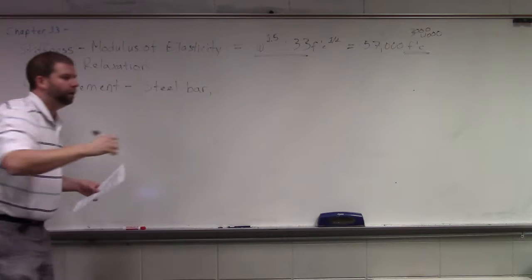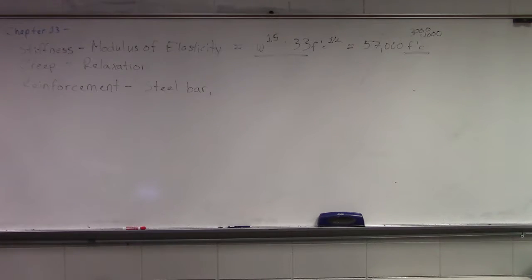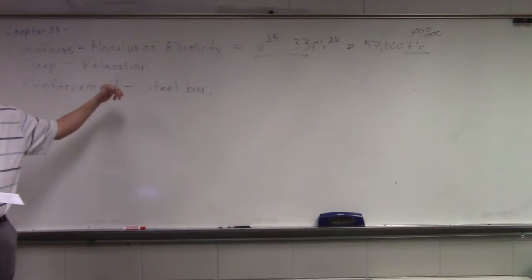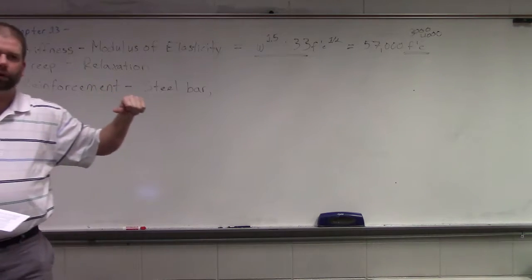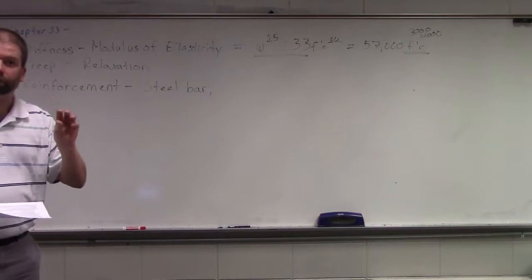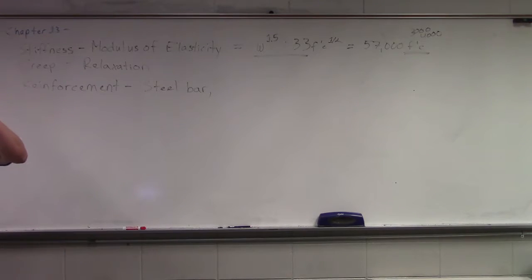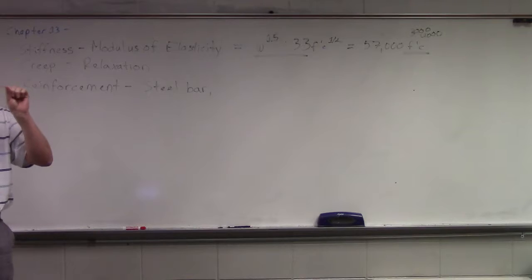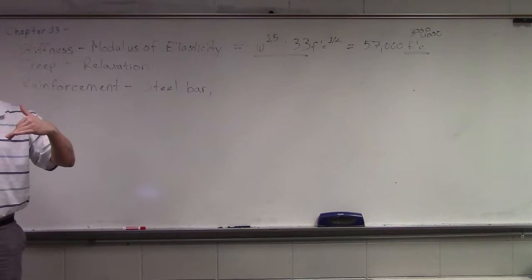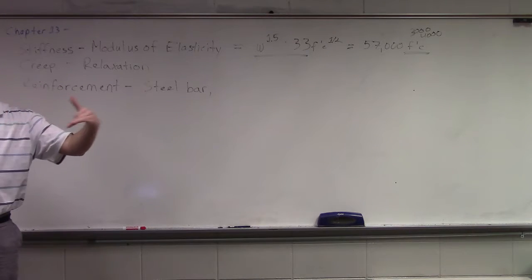And remember from the question, Kyle certainly remembers it because he emailed me about it, but what is unique about this bar? What do we do to this bar during the manufacturing process? It gets deformed, or we put something on the surface, right? We don't want nice, smooth bar. What's going to happen if we have nice, smooth bar that we put into our concrete? It's not going to bond with the concrete, right? As soon as that concrete gets put into service, it's going to slide right along that surface.